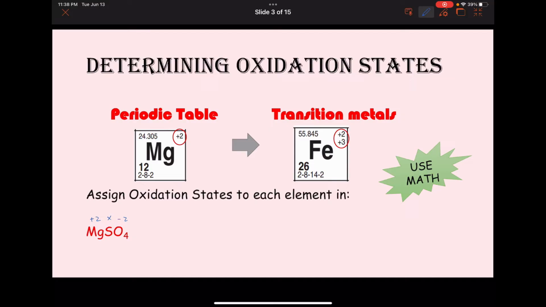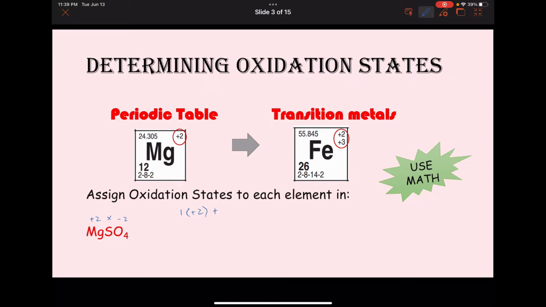Now we make an equation, but we have to take into account the subscripts of each atom, or in other words, the number of atoms of each element that we have. For magnesium, we only have one atom, and the charge for that one atom is +2.